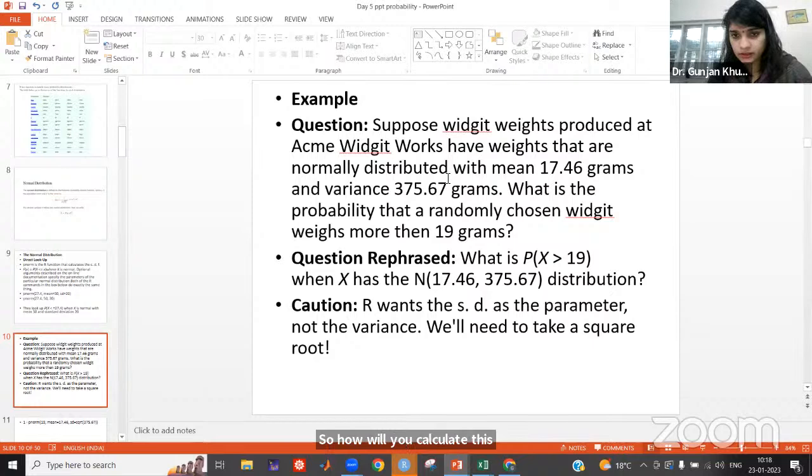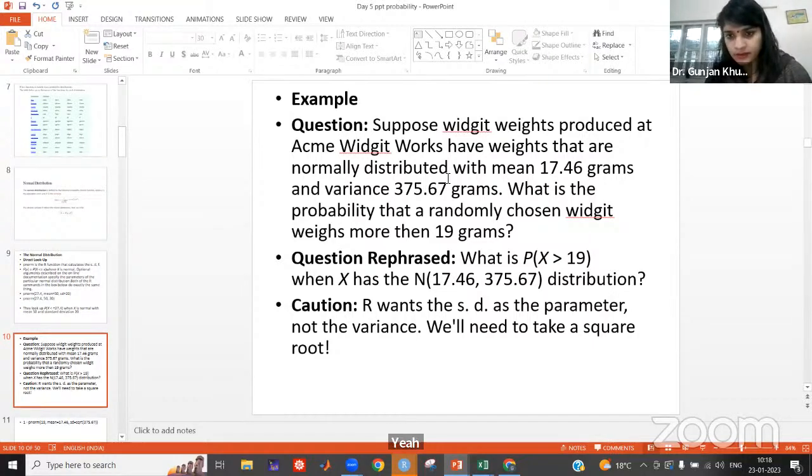So it's asking: what is the probability that a randomly chosen widget weighs more than 19 grams? If X denotes the random variable, the widget weight, you have to find probability X greater than 19, which is 1 minus probability X less than or equal to 19.